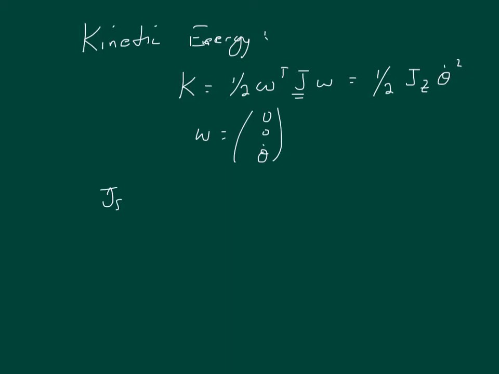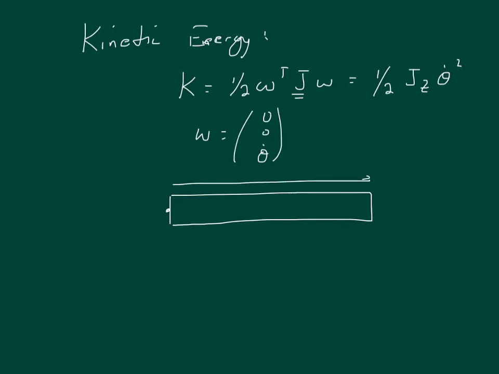So Jz is computed by looking at the inertia of this mass spinning about its endpoint. This will have length L, mass M, and we'll assume that this is small.